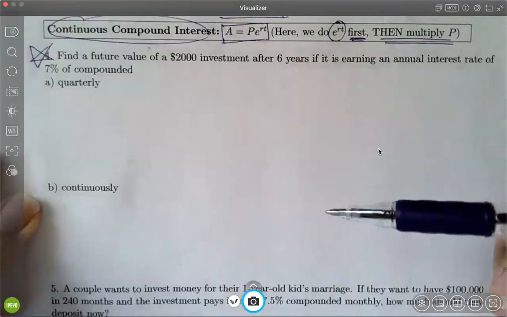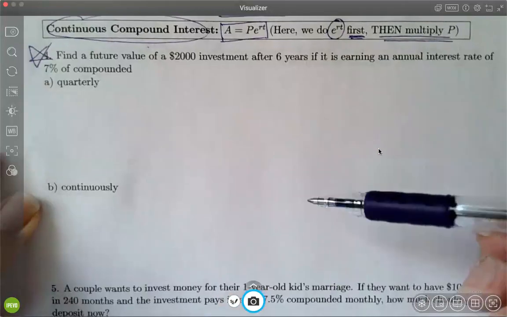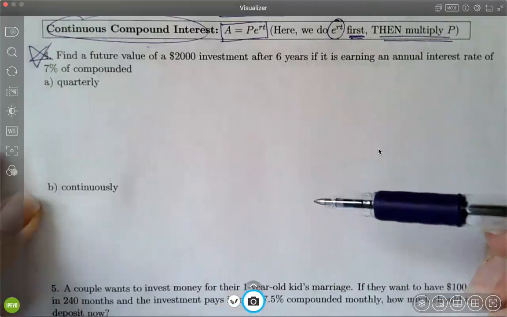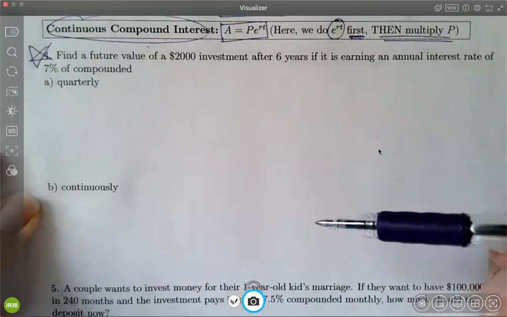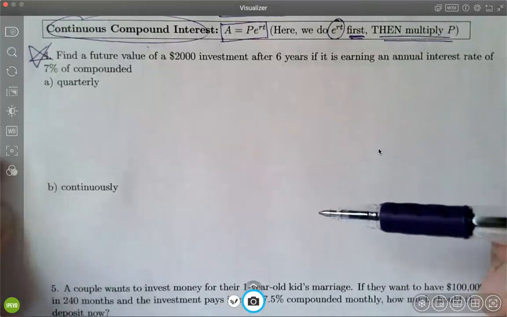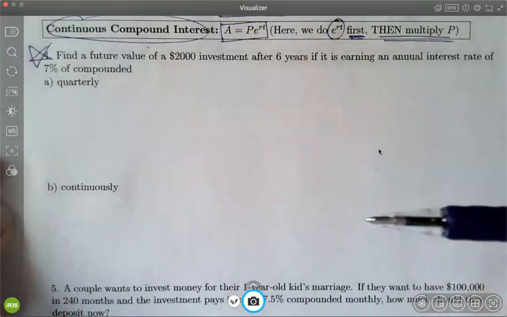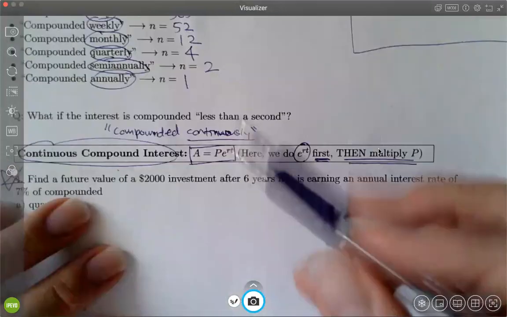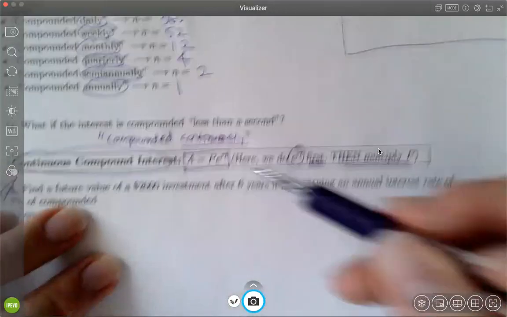Find the future value of a $2,000 investment after 6 years if it is earning an annual interest rate of 7%, which is compounded, part A, quarterly. So now, which formula do we use?